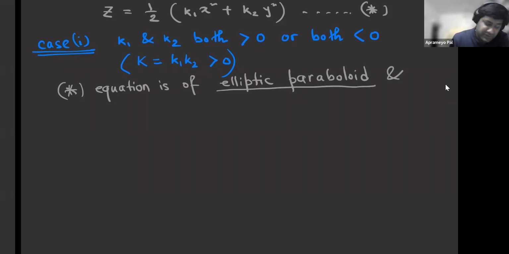And if this is the case, then P is called an elliptic point.